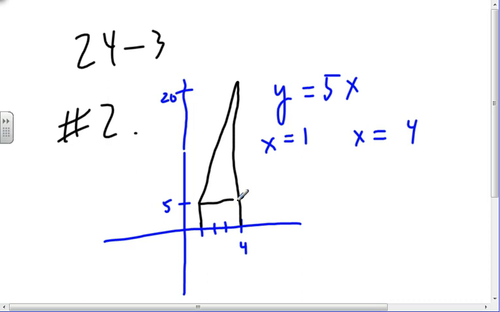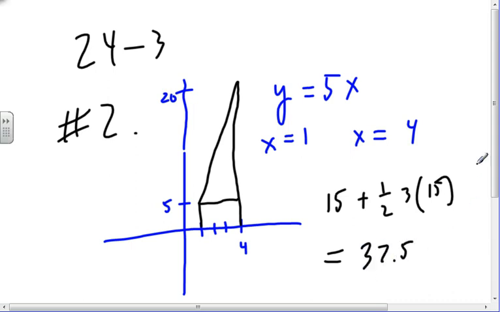Obviously we're going to have 3 times 5, 15, plus 1/2 the base, which is 3, times the height, which is 15. So our answer had very best be 15 plus 0.5 times 3 times 15. So we better get 37.5 or we're not going to be happy. 37.5. So that had better be my answer.